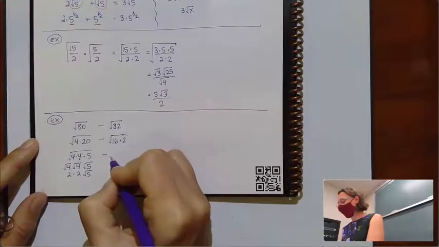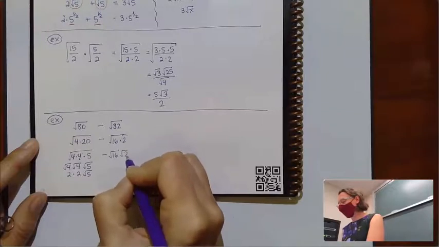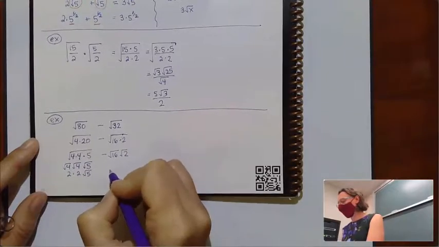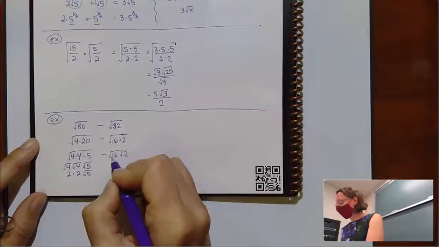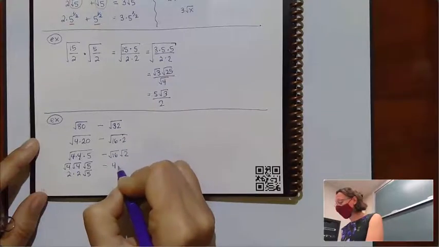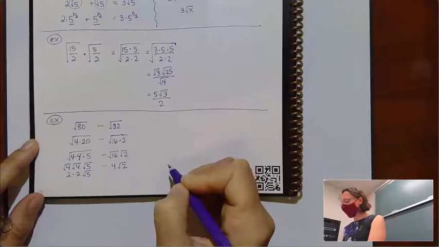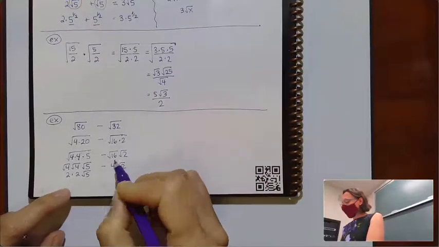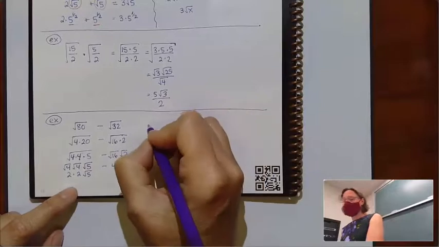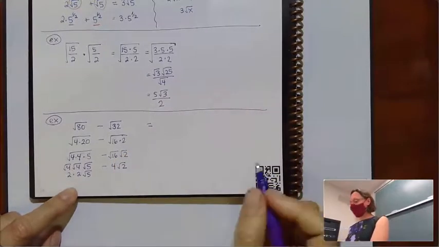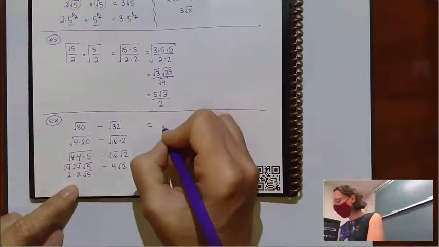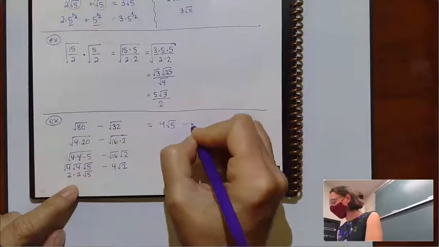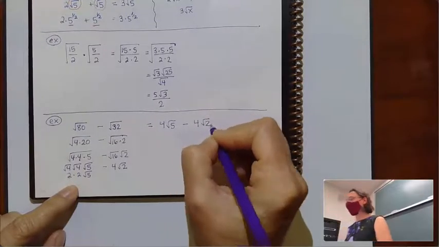I know it's a little weird that I'm writing these side by side. I apologize, it's just how it occurred to me in my head. It's kind of treating this as two separate things. So the square root of 16 is 4, so that's 4 square roots of 2. If I put that all together on the same line, the first one, I've got 2 times 2, so I've got 4 square roots of 5 minus 4 square roots of 2.